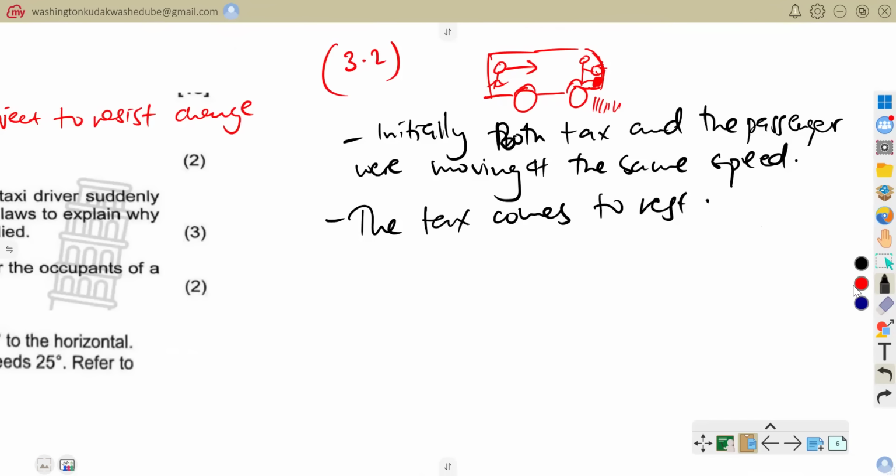When the taxi comes to rest, however, you would see that it is due to the brakes.